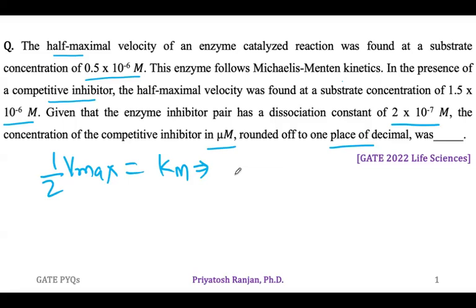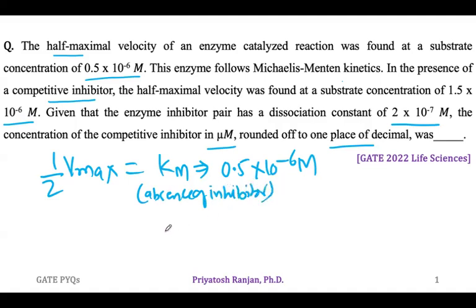The Km in the absence of the inhibitor is 0.5 into 10 raised to power minus 6 molar. Now the value of the Km in the presence of the inhibitor given is 1.5 into 10 raised to power minus 6 molar.